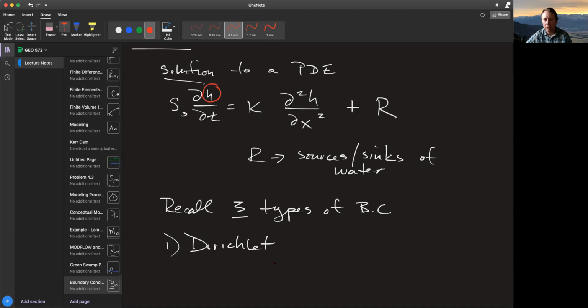So in a Dirichlet, we prescribe the value of the variable, in this case H. So we would say here, as an example, H is equal to some function, and that function could be a function of space and time.